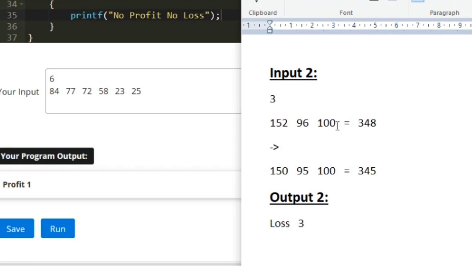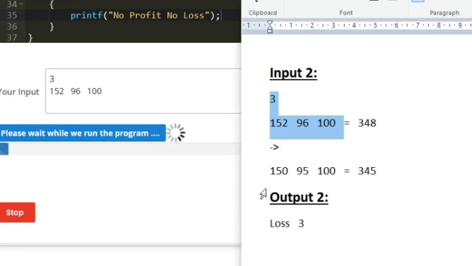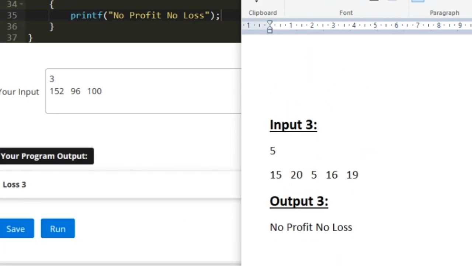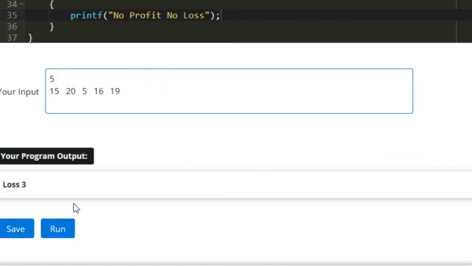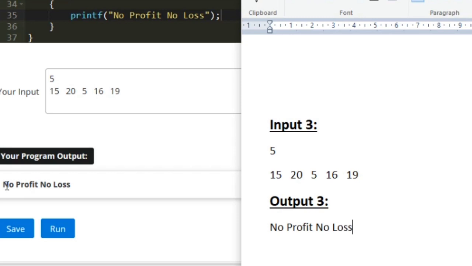Now let us give our sample input 2. For this input, our expected output is loss 3. So we also get loss 3 as our output. And now let us give our final test case. For this particular input, our expected output is no profit, no loss. So we also get no profit, no loss.